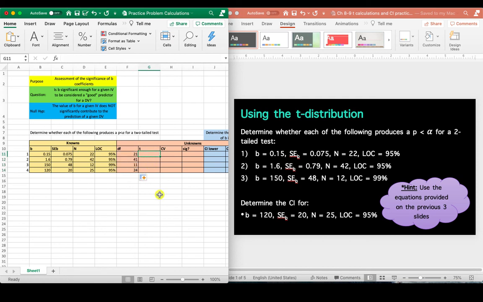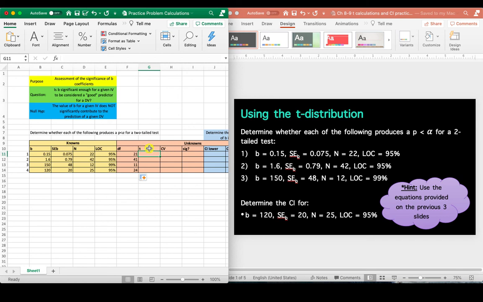From here, we calculate our t-statistic. So then we have to find our t-statistic. Now remember, in the lecture, we distinguish t from t-scores associated with critical values.